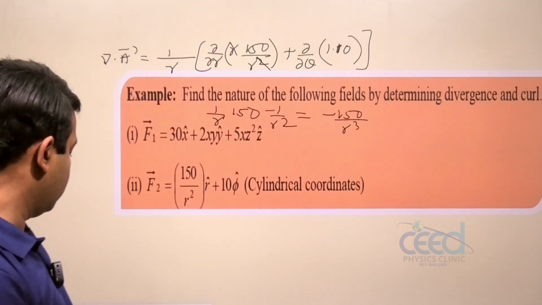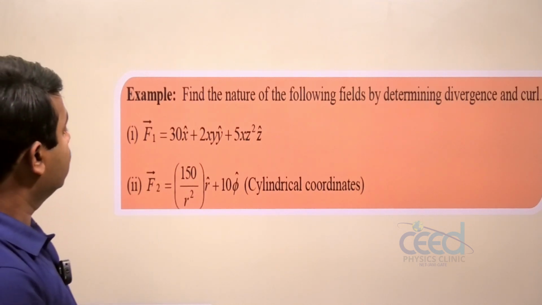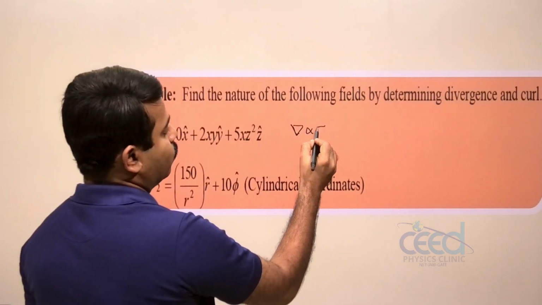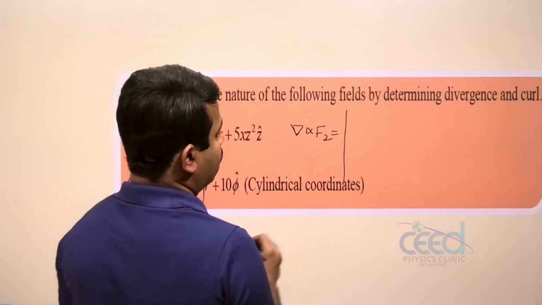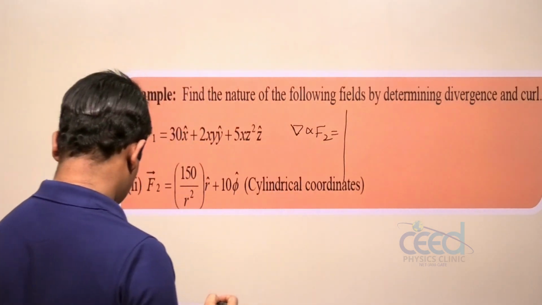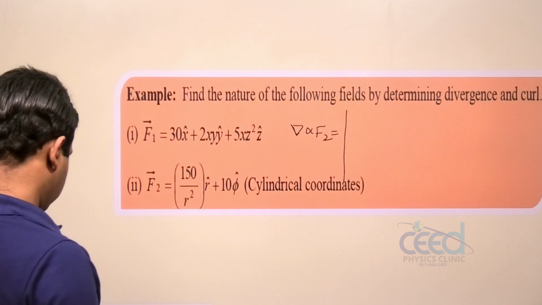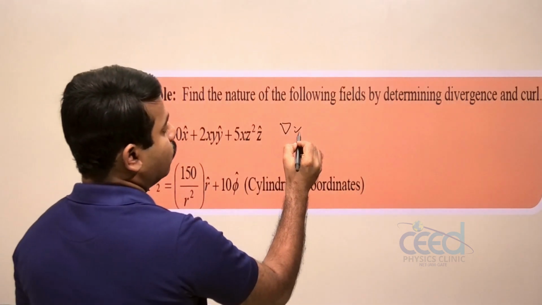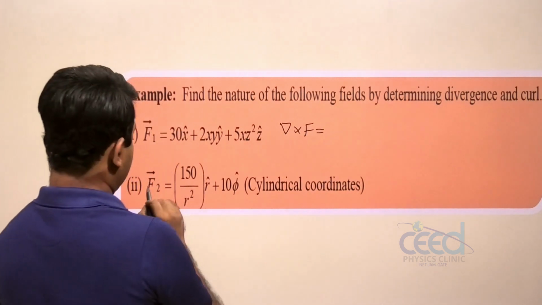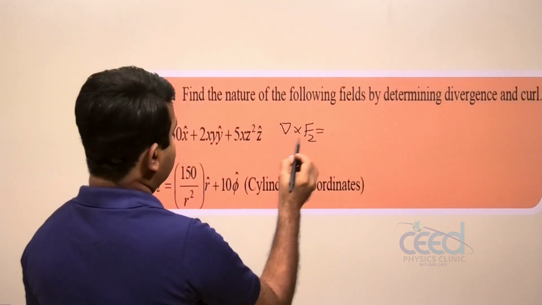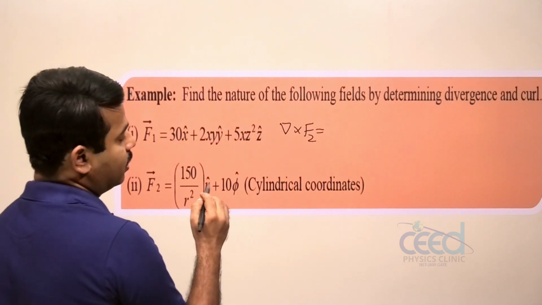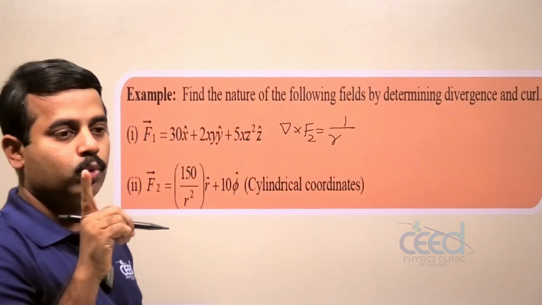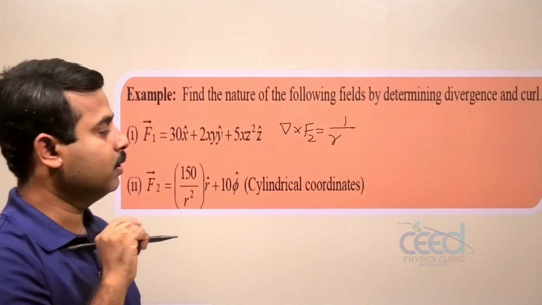Now let us find out the curl. Again curl, del cross F2. How do we write it? Del cross F is equal to, first this is function F2, that is 1 by h1 h2 h3, in cylindrical coordinates that is 1 by r. H1 is 1, H2 is r, H3 is again 1.